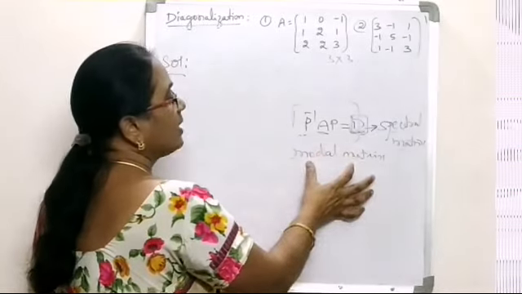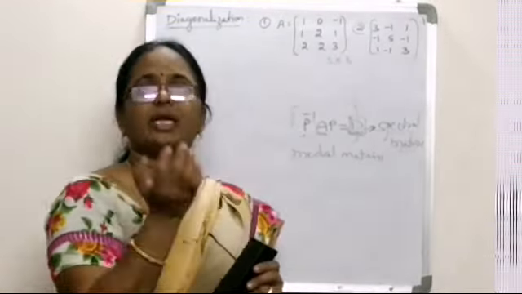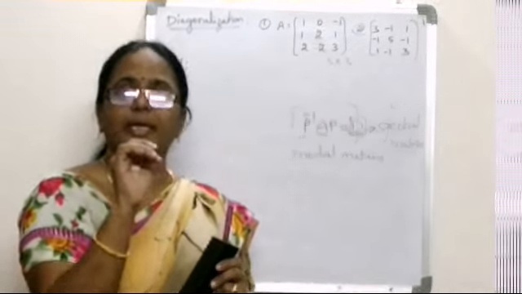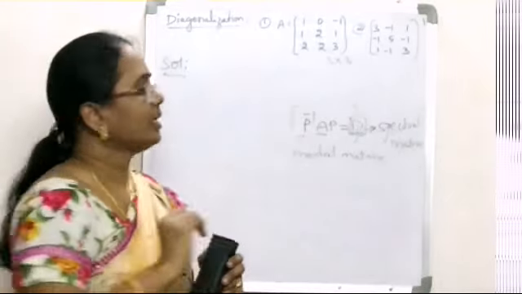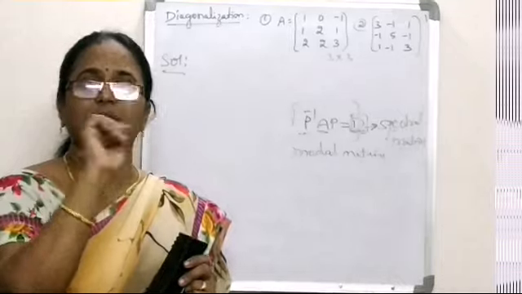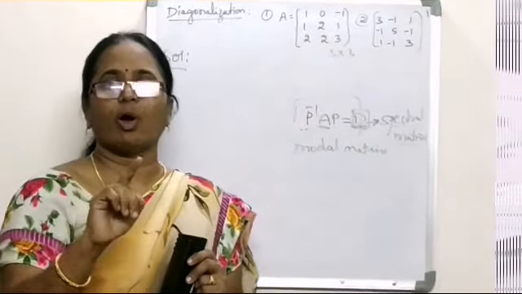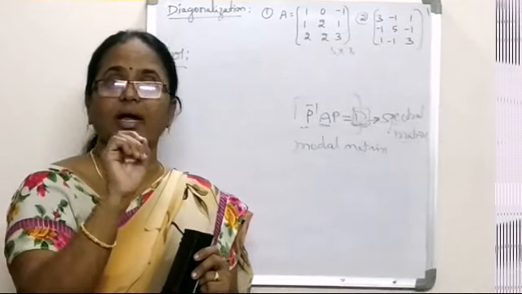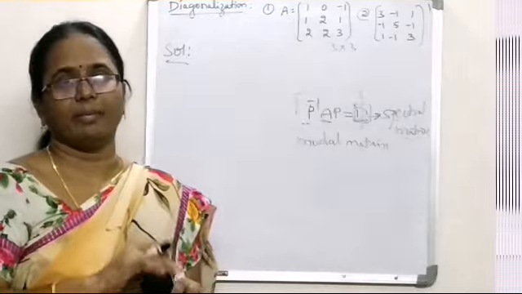Modal matrix is the matrix P, which is obtained by grouping the linearly independent eigenvectors of the given square matrix. Similarly, the spectral matrix is the diagonal matrix which we get on the right side, and will always contain the eigenvalues of the given square matrix as its diagonal elements.